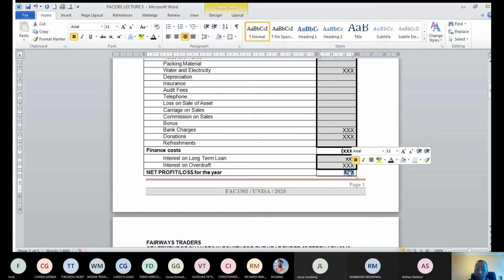If that answer is positive, you label it as the net profit for the year. If, however, your answer comes down to a negative amount, then you will label it as the net loss for the year. So you first get an answer, and then you will see whether it is a profit or a loss.